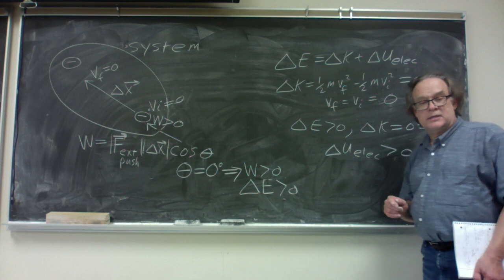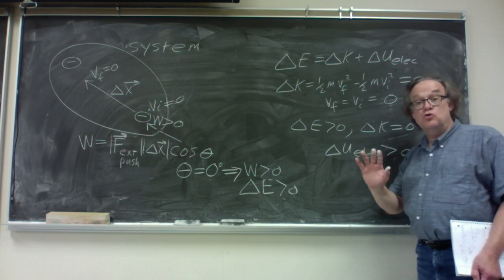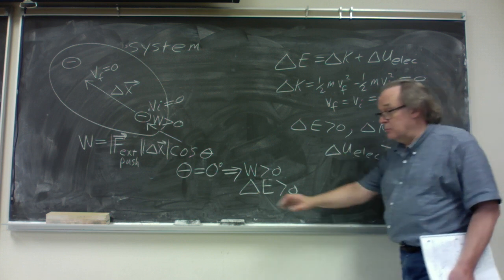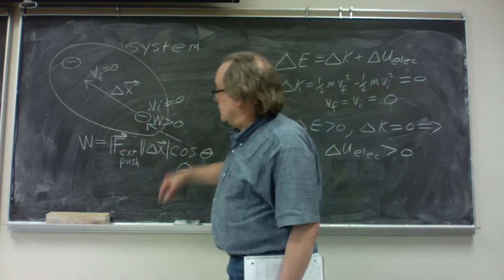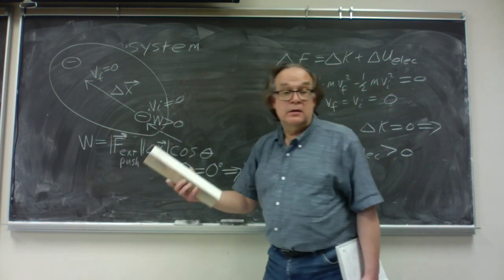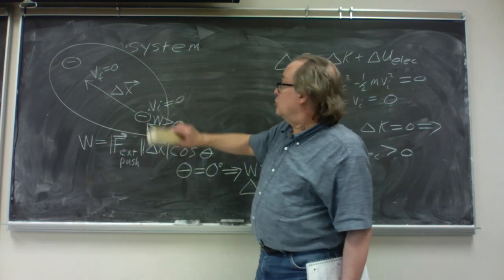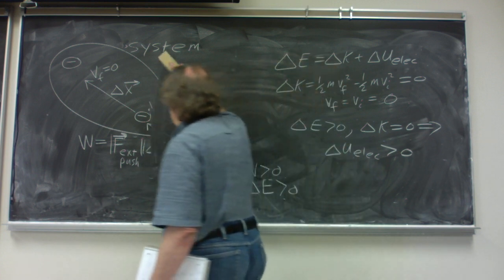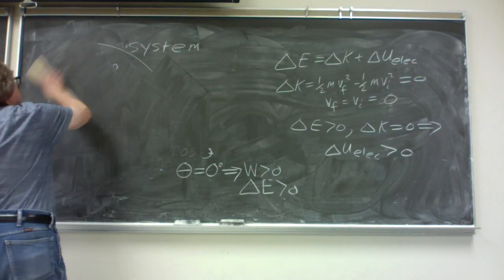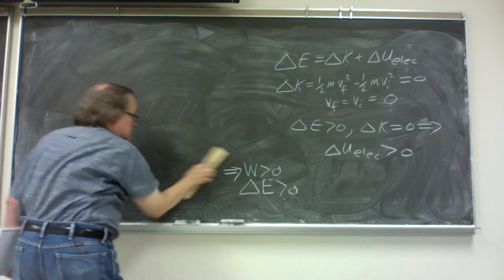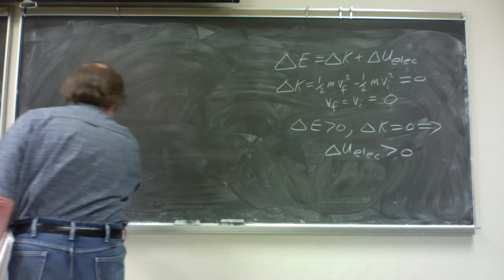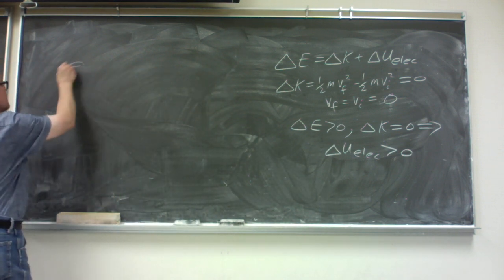Now, at this point, let's define a new concept, a new number. I'll redraw this figure. It's getting a little too full of stuff. So here's that negatively charged particle.